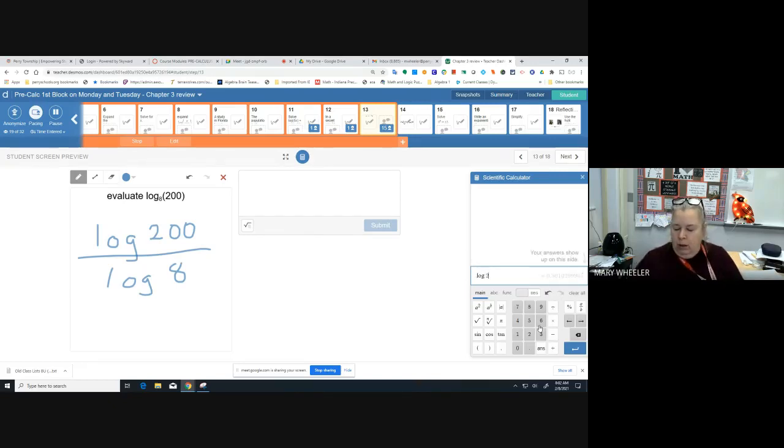Log 200 divided by log 8. And I got 2.548 if I round. And I think I give a little bit of leeway, maybe 1/100 of a point on typing it in Canvas.